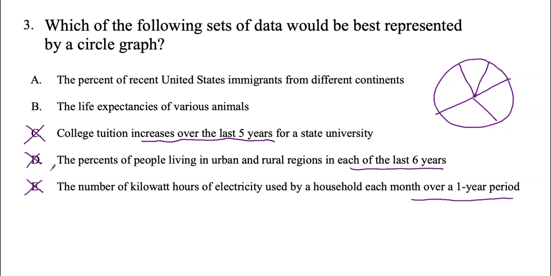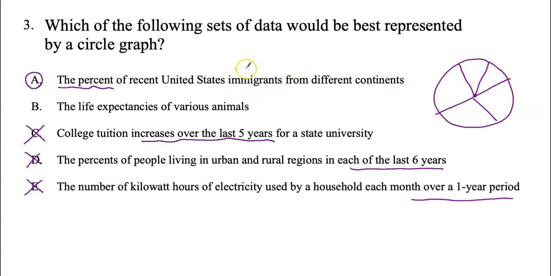However, I'm going to narrow it down to the final answer because I know circle graphs deal with percentages almost all of the time. And it says right here the percent. So probably my answer is going to be A because of this word. B doesn't have that. But in reality, another way to look at it is this would be easy to make a circle graph of A because you can take the total United States immigrants and you can break that total up into different continents.